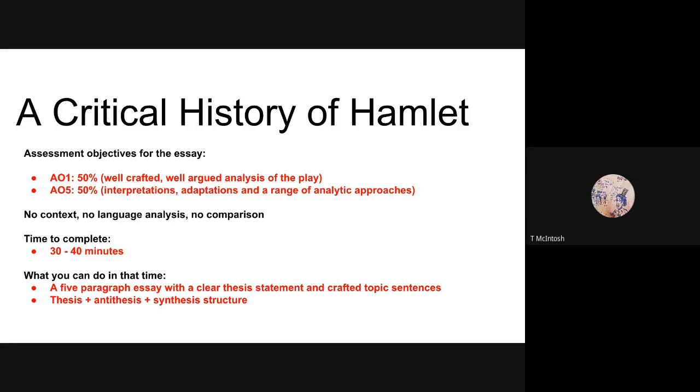That's why it's useful to realize that you really only have time for about 5 paragraphs. A 5-paragraph essay with a clear thesis statement and crafted topic sentences. A thesis, antithesis, synthesis structure could work there. You make one argument, then you say, however, psychoanalytic interpretation, but you don't need to marry yourself to that, though it might be quite useful to think that way.